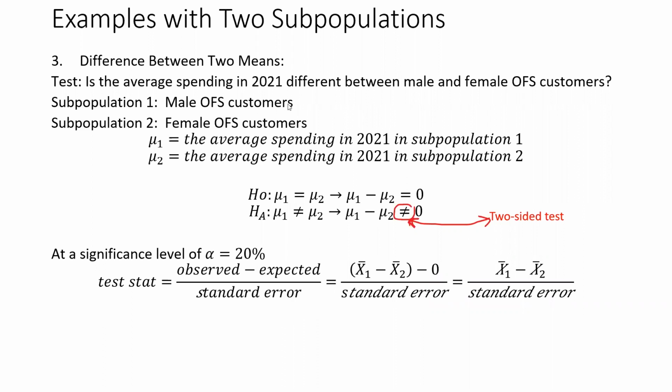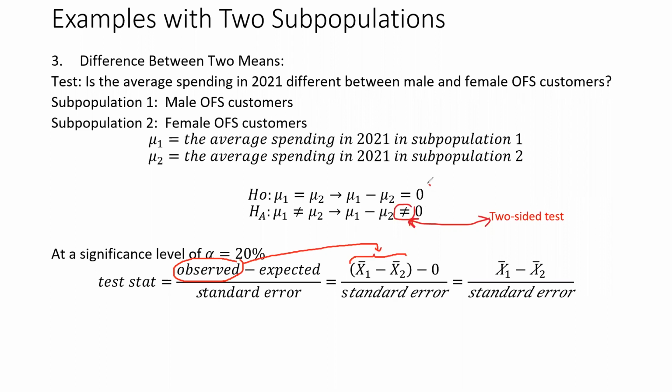So we're going to take our sample data and divide it into the male and female customers. And we're going to get a sample mean from each one of those subgroups, and we'll take the difference in them. That's the observed data. So the observed data is coming from the sample, and it's going to be this difference here from each subgroup.